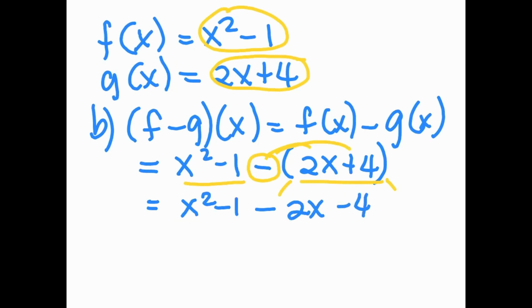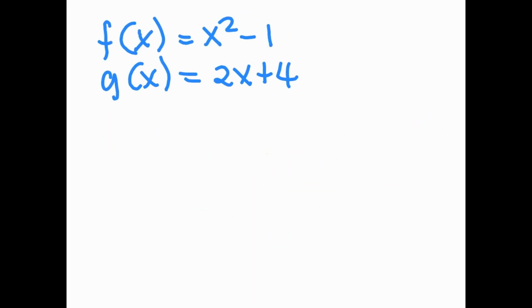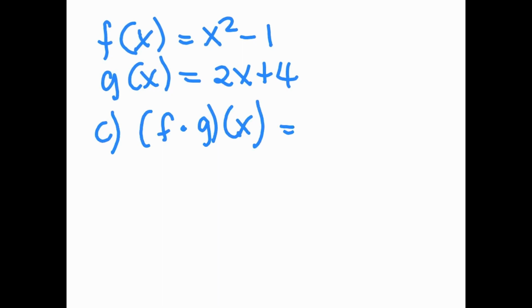And again, collecting like terms and arranging to standard form, this will now be x squared minus 2x minus 5. Now, for the product f times g of x, this will just be the product of the two factors, f of x times g of x.